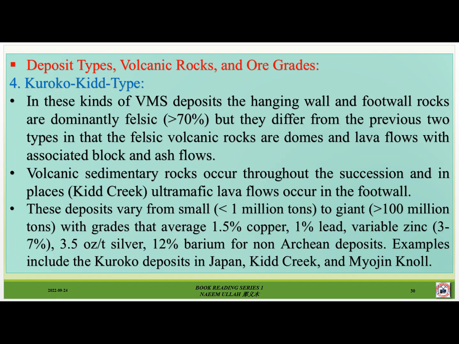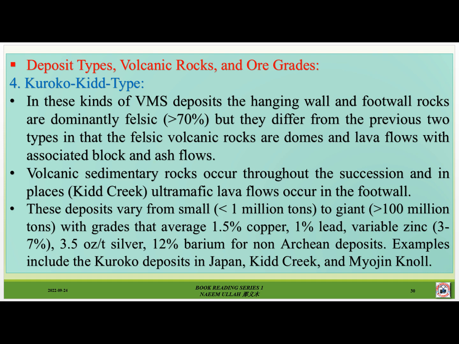Number four, Kuroko-Kidd type. In these kinds of VMS deposits, the hanging wall and footwall rocks are dominantly felsic, greater than 70%, but they differ from the previous two types in that the felsic volcanic rocks are domes and lava flows with associated block and ash flows. Volcanic sedimentary rocks occur throughout the succession, and at Kidd Creek, ultramafic lava flows occur in the footwall.